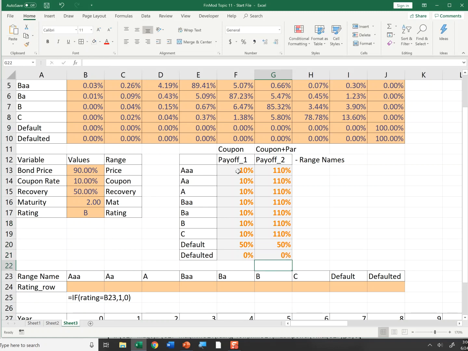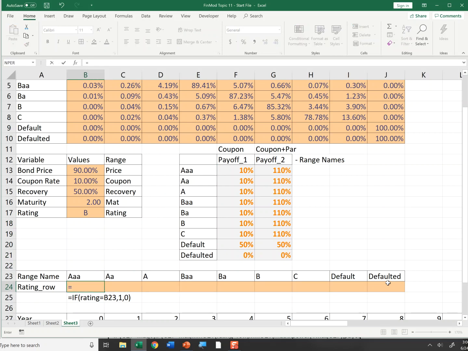So these are all the possible cash flows before maturity or at maturity based on the rating at the time of the cash payment. Then I'm going to set up a little if-then statement. Now you could have just typed in zeros and a 1 here, but we're going to make this a flexible spreadsheet.